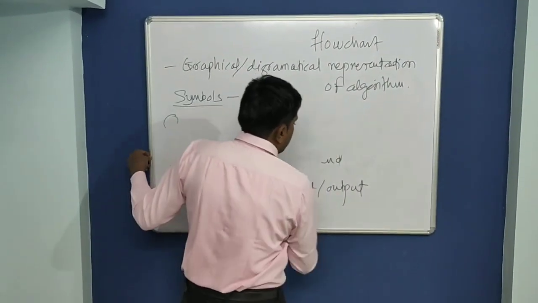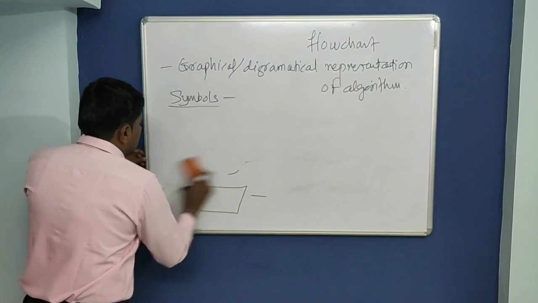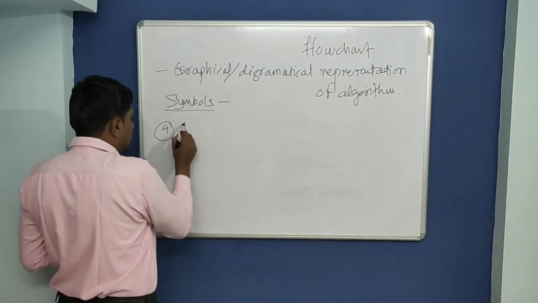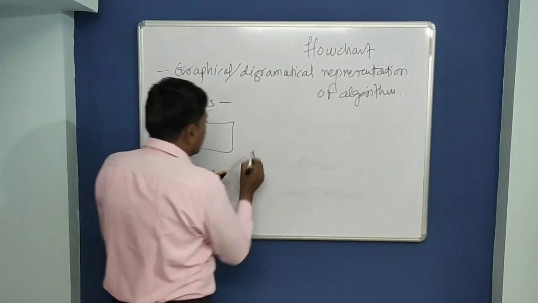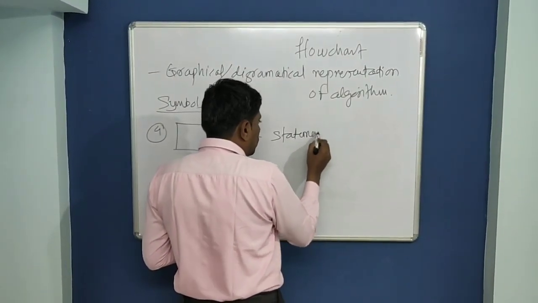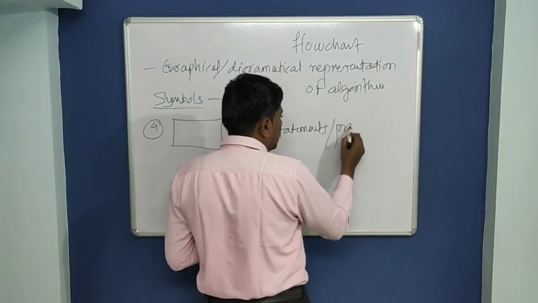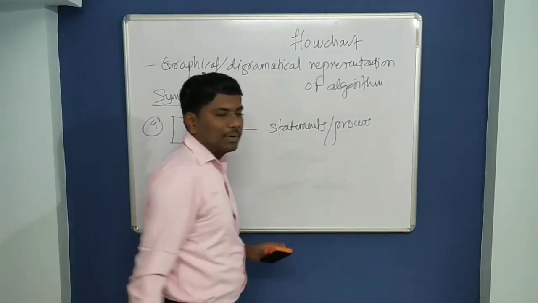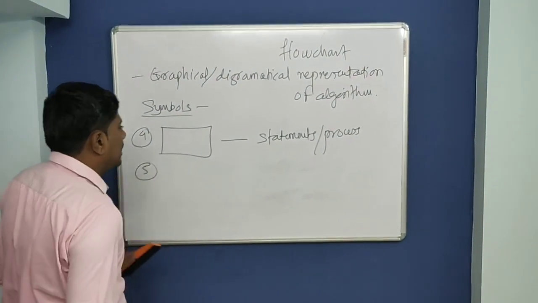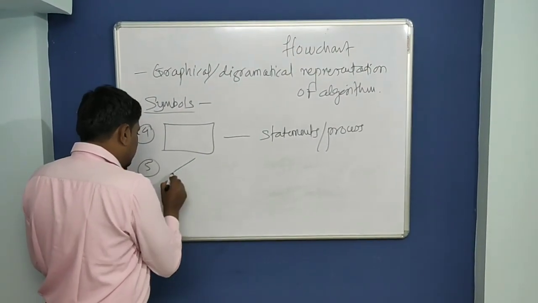There are other symbols as well. Next one is the rectangle. Rectangle will be used for simple statements or processes. Next symbol is diamond.